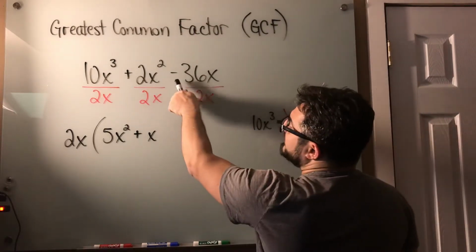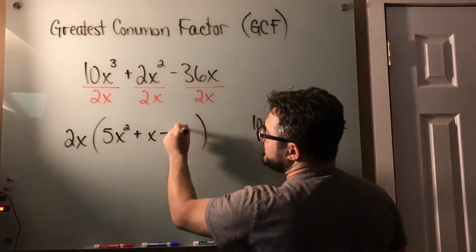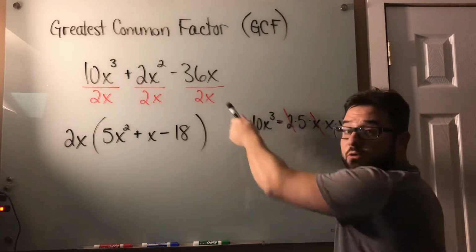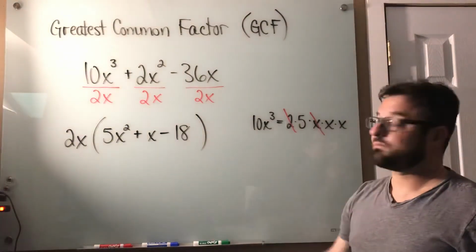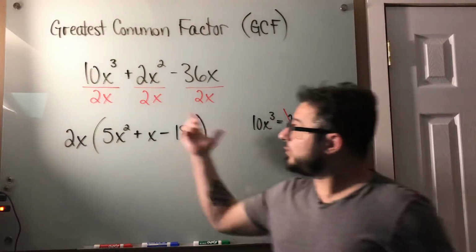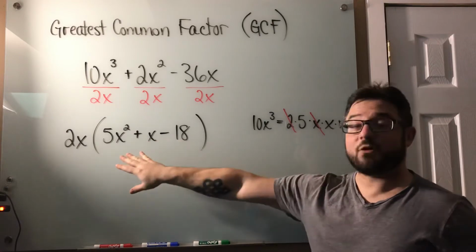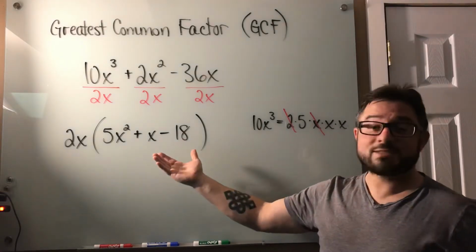Next up we have negative 36 divided by 2 is negative 18. And in this case, there's only one x, and we're removing it. So there's no x's in the result. And what we have is now this, which first of all should look like a distributive property style problem because, well, that's what factoring is.